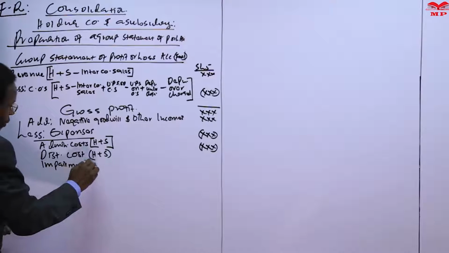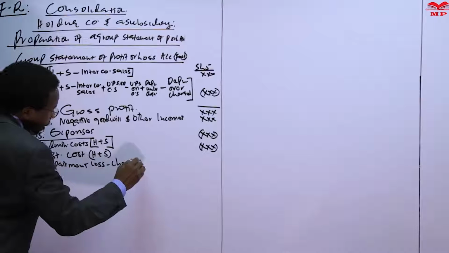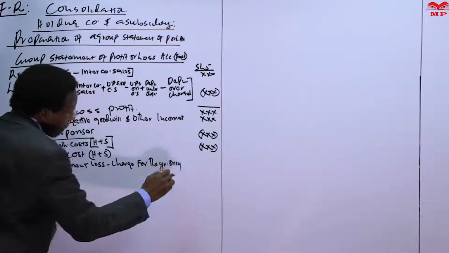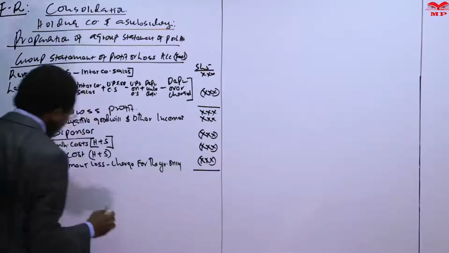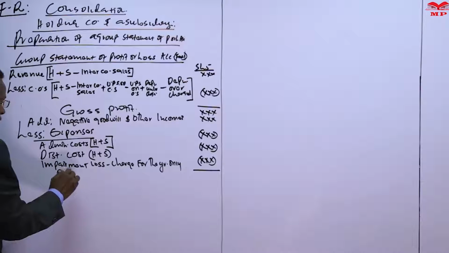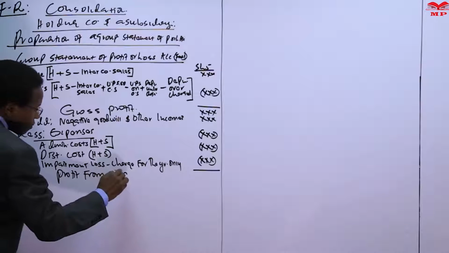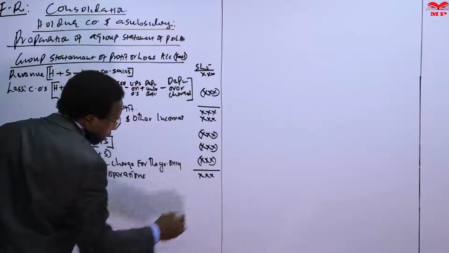The impairment loss, this is the charge for the current year only. Then we have profit from operations.